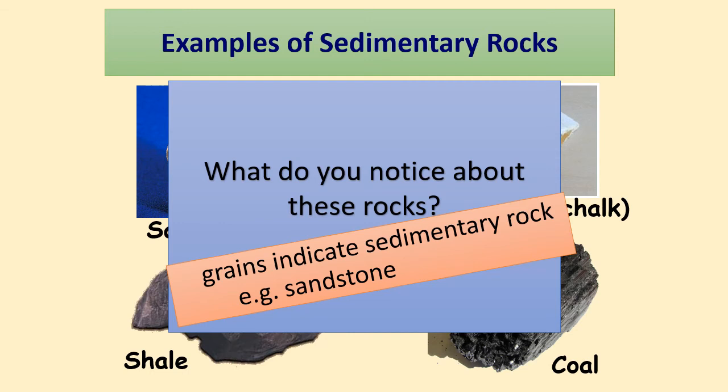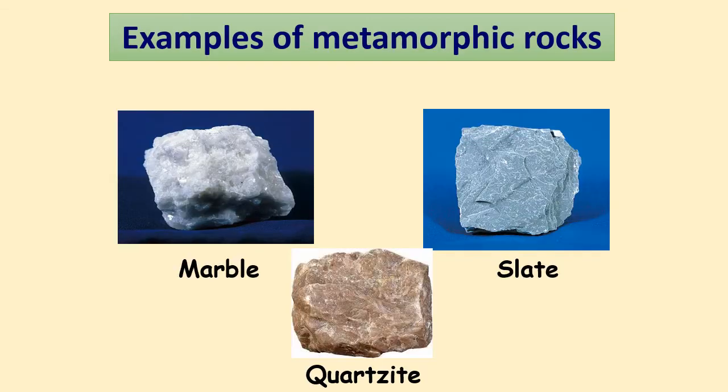They'll also feel a bit rough to the touch, and you also might see that they look like they formed in layers. So it might look like there are lines running through the rock as well. So grainy and maybe having lines running through it indicates that a rock is sedimentary. Remember, igneous rocks had crystals and sedimentary rocks have grains.